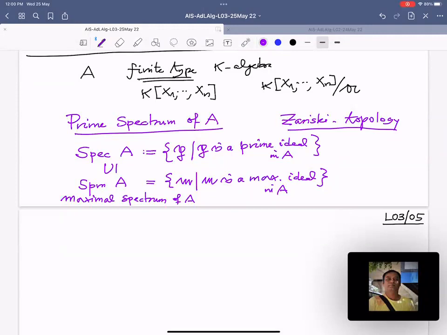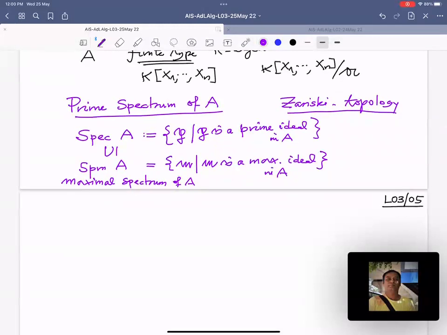One proves abstractly that this maximum spectrum is non-empty. That is Krull's theorem, and it is very easy to prove. But then one might say, can you not produce a maximal ideal concretely? Of course, yes.